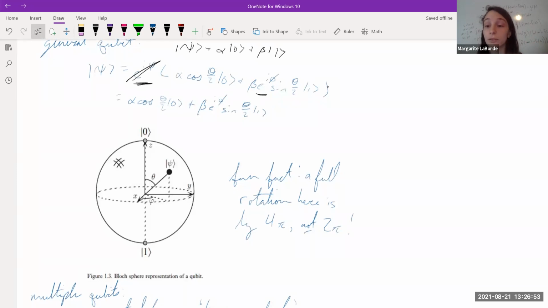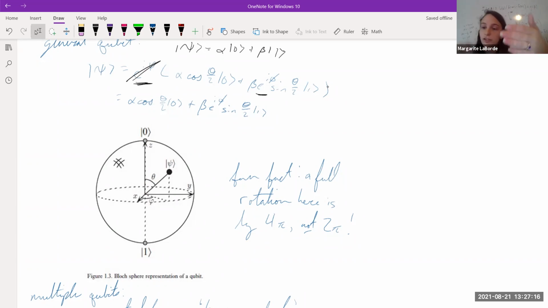So we say a qubit lives on the Bloch sphere, which is a fancy sphere insofar as if you do a full rotation around it, you haven't gone 2 pi, you've gone 4 pi. Okay, that's an interesting facet of this. If you do a rotation of 2 pi, you don't get back to the same spot you were.